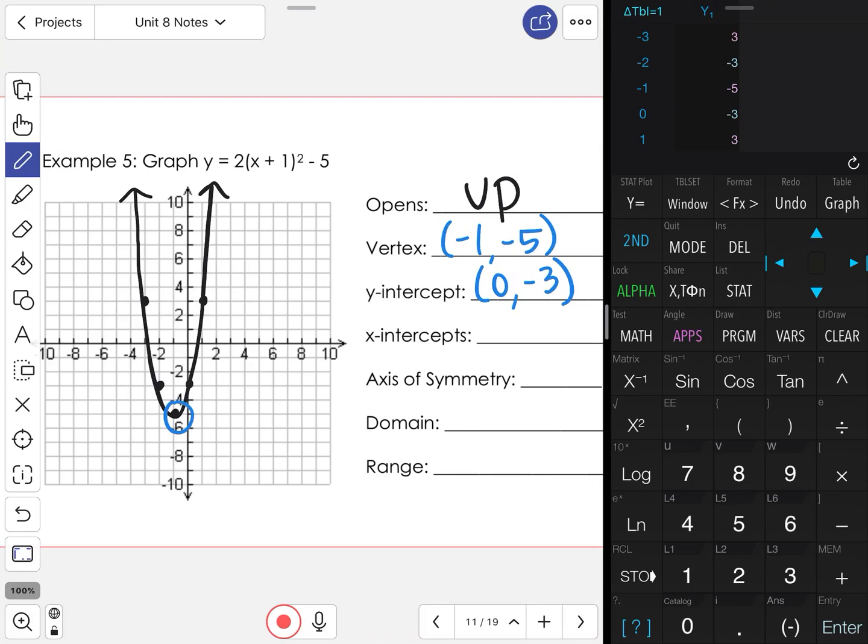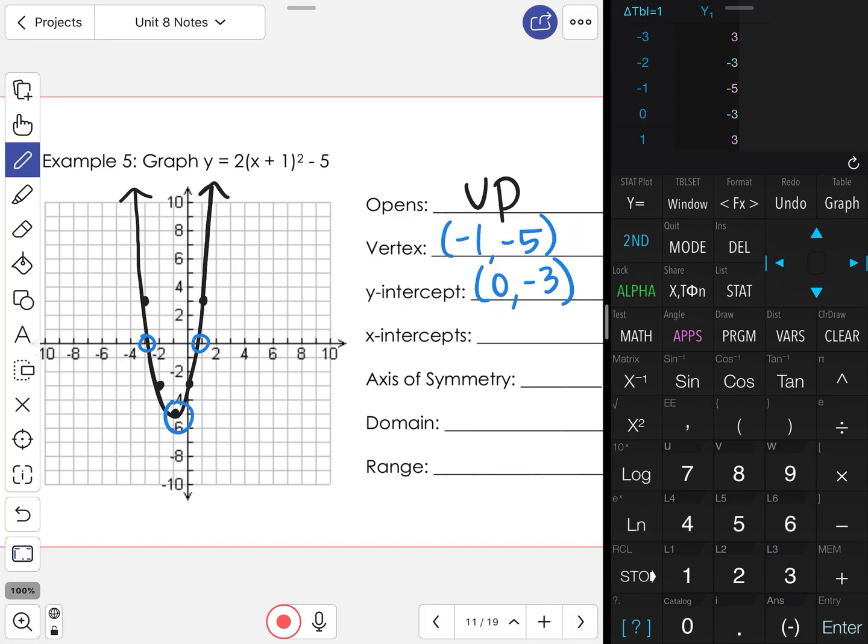Okay, now we need to find our x-intercepts. So our x-intercepts are right here and right here, but they're not at exact points. So since they're not at exact points, we're going to have to find them on our calculator.